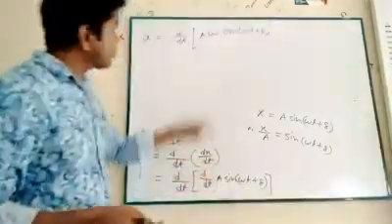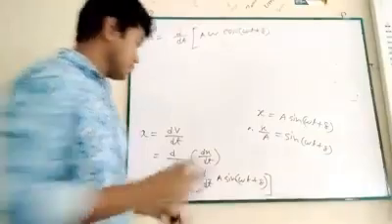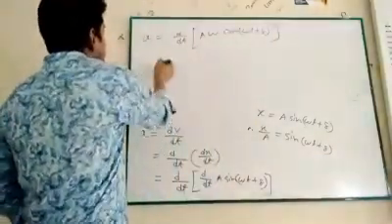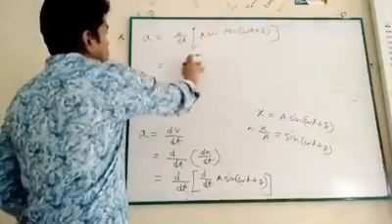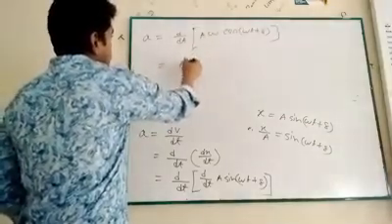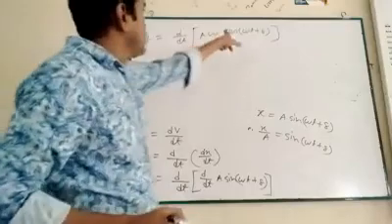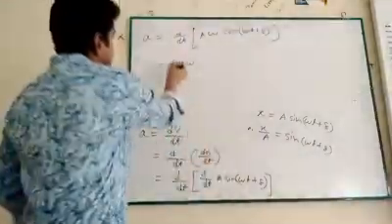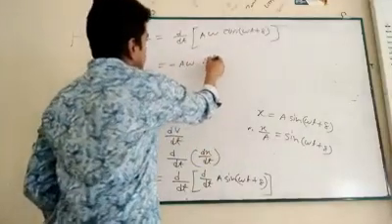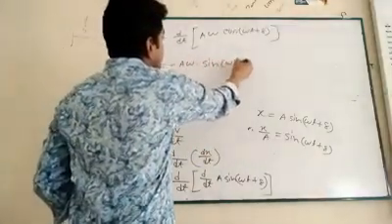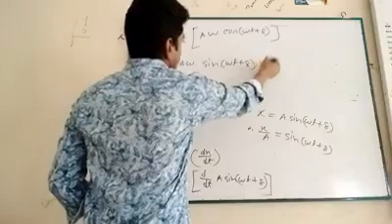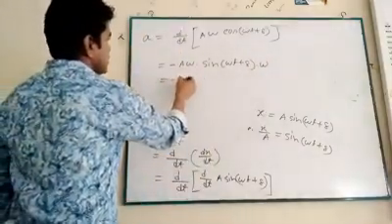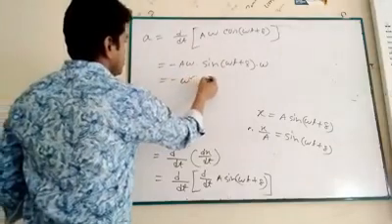We did it a few minutes ago, so you can understand easily. And now this time a omega is constant. If I differentiate cos theta, we will get minus sin theta. Minus sin(omega t plus delta) and a omega.